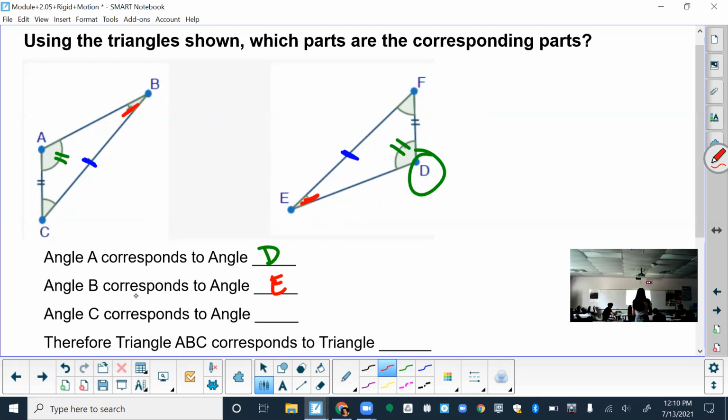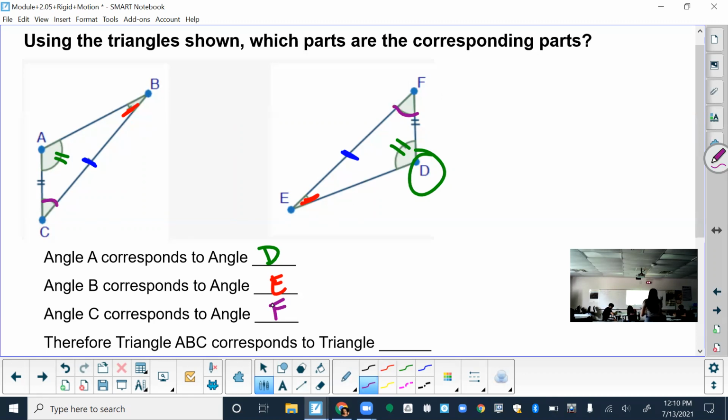All right, what about which angle corresponds with angle C? Good. All right, no hash marks through this one. So they're both the only ones that don't have hash marks.